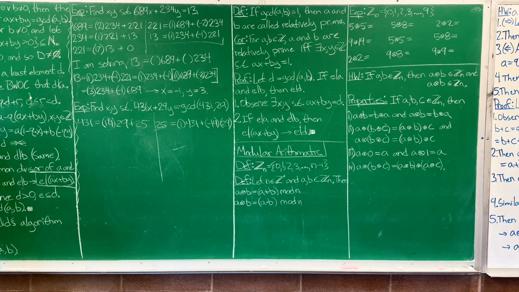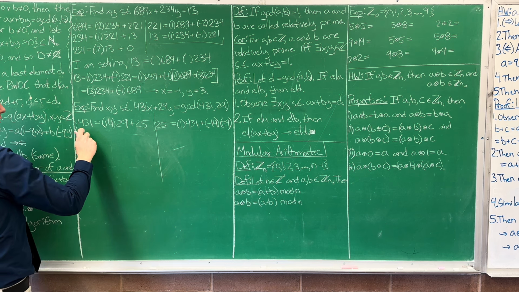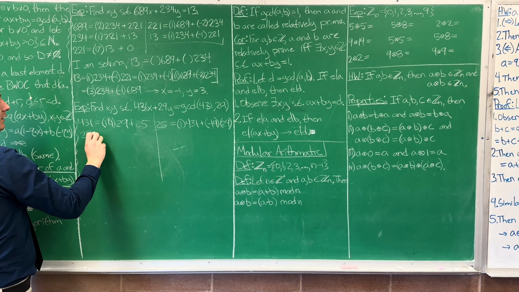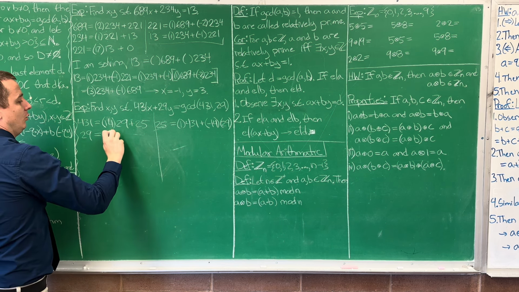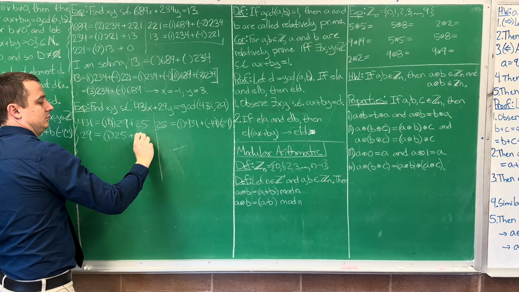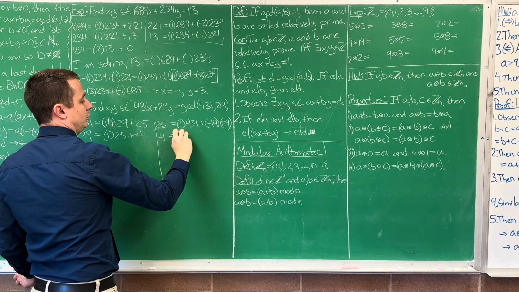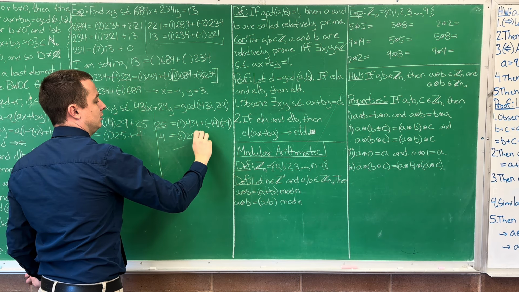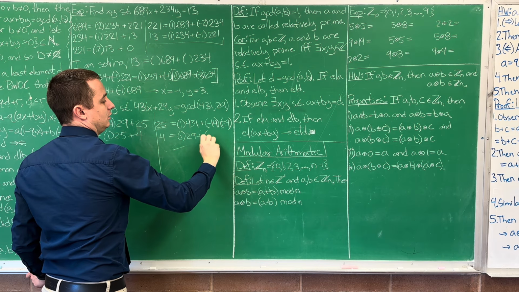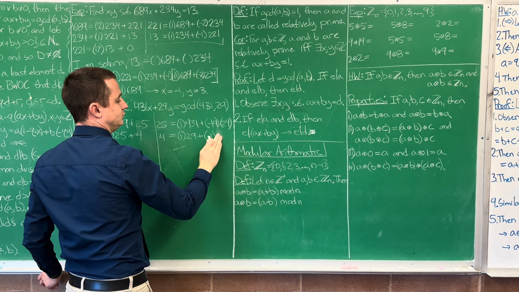Okay, now let's repeat our step over here, doing Euclid's the way we know. Now we're doing 29 and 25. 29 is equal to 1 25 plus 4. Over here, we write 4 is equal to 1 29 plus negative 1 25s.